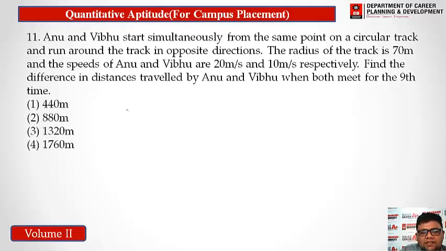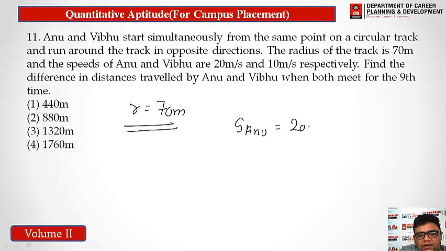The radius of the track is given to you, that is 70 meter, and the speed of Anu is 20 meter per second, and the speed of Vibhu is 10 meter per second. You have to find the difference in the distance traveled by Anu and Vibhu if both meet the 9th time.